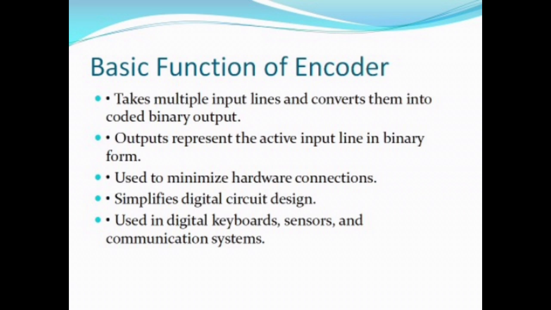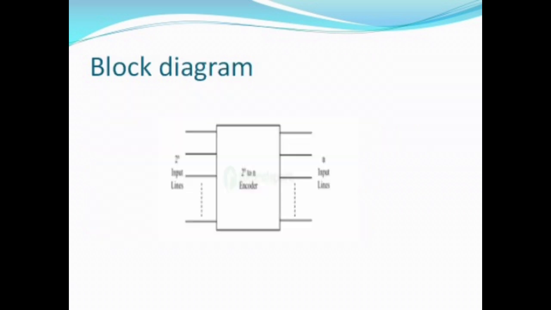The encoder reads the active input line, and the output represents the active input in binary form. This output is used for efficient digital processing and communications, like in keyboard sensors, where we use an encoder.